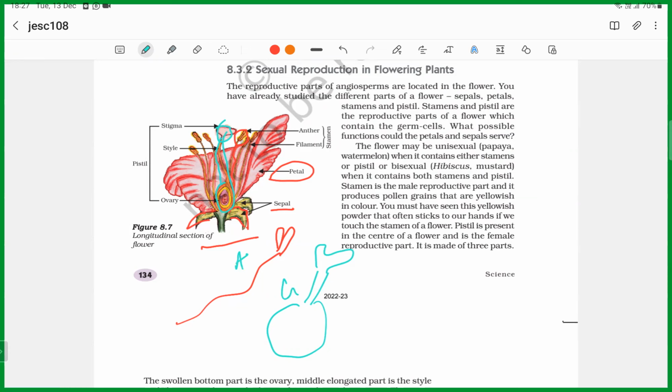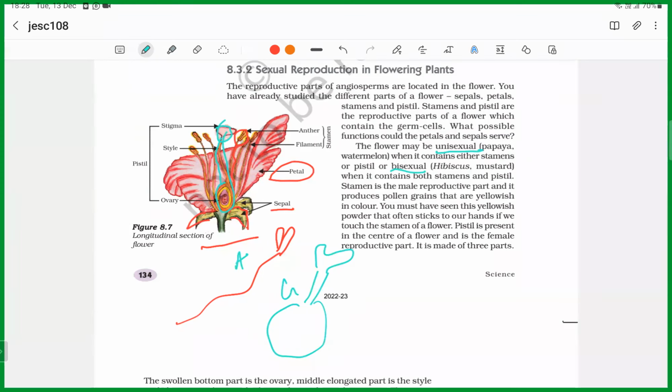And then unisexual flower and bisexual flower. You should know what they are. Unisexual means they contain either androecium or gynoecium.